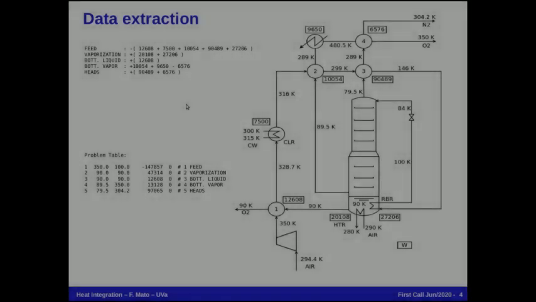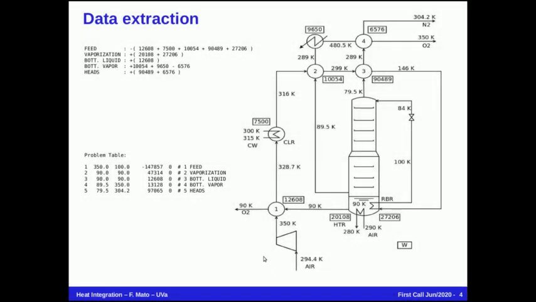And now data extraction. We are going to start with the only hot process stream, the air feed, that starts at 350. This change in temperature doesn't concern us.